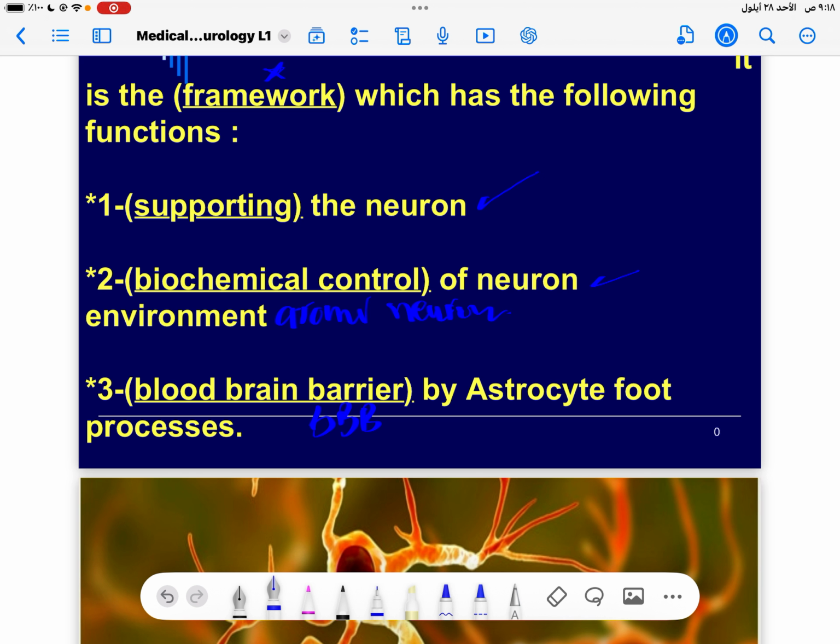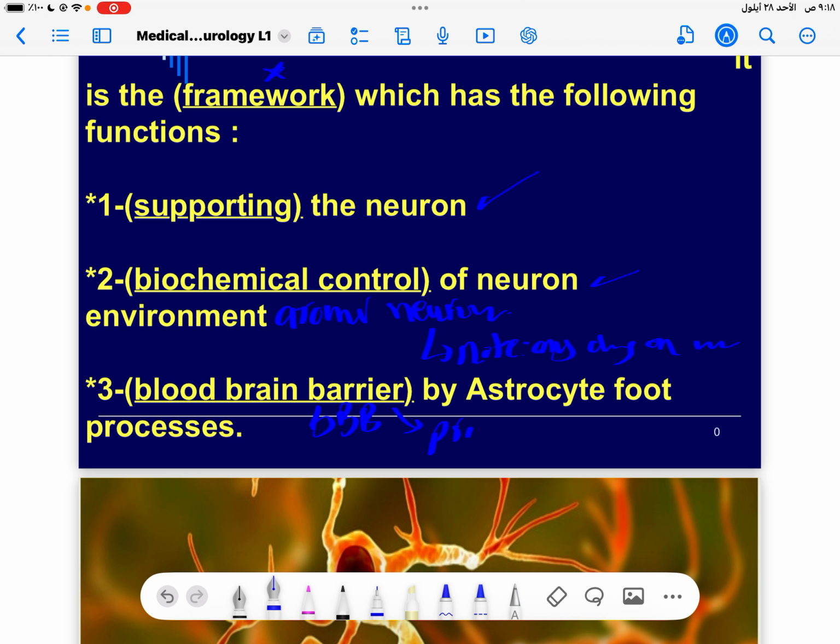The third function, which is very important, is what we call the blood-brain barrier. Usually, the central nervous system is covered by what? By membranes, the blood-brain barrier, to protect the nervous system from outside injuries.